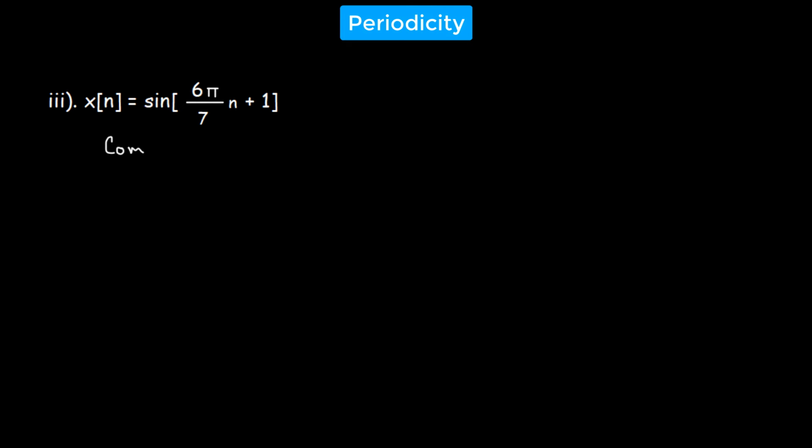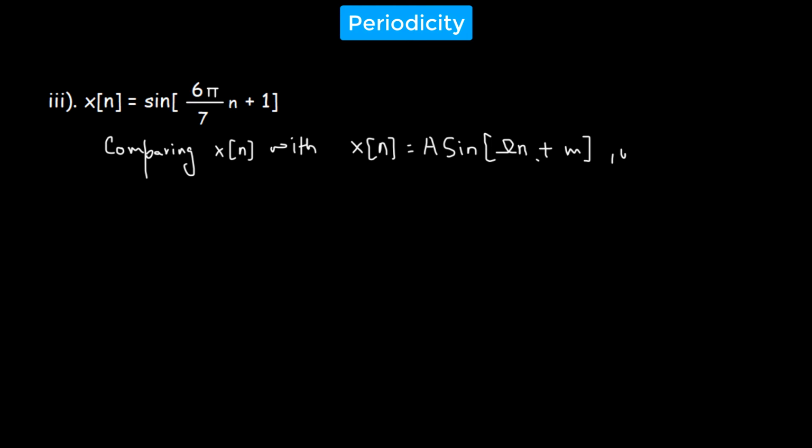So comparing x of n with the general form, x of n equals A sine of omega n plus some integer, we get the value of omega equals 6 pi over 7.